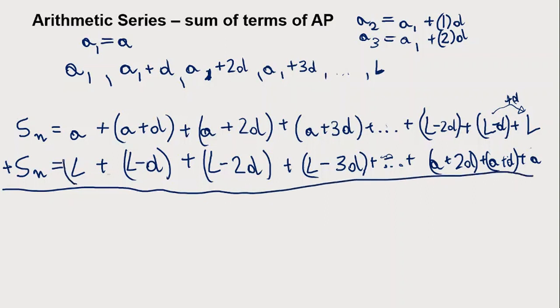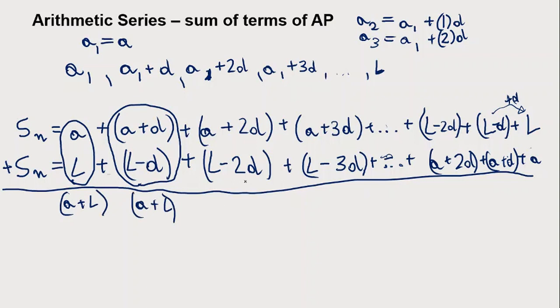So we are adding 2 sequences together. If you pair it up like we did before, A will be added to L, then A plus D will be added to L minus D, but positive D with minus D will cancel out. So again, you end up with A plus L on its own. Okay, so let's just write it out.